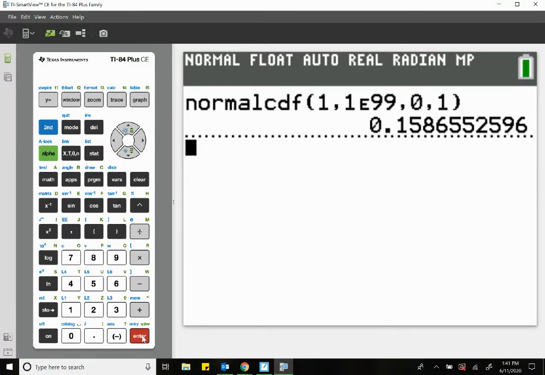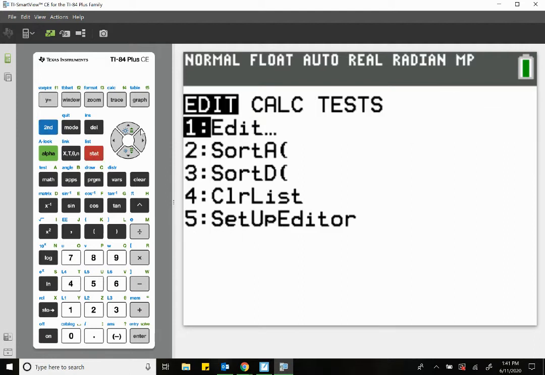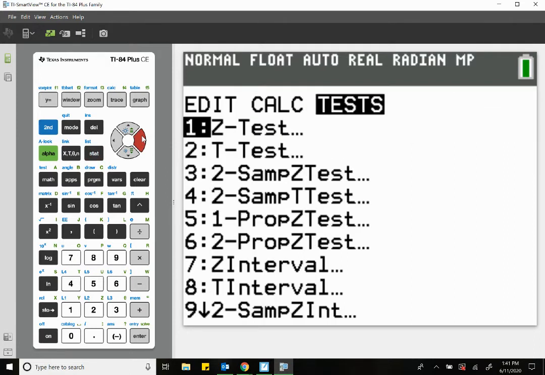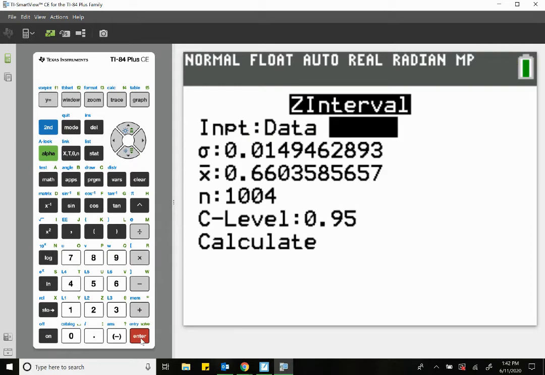And interesting, it was supposed to give us an interval. So let's go back. That was weird. Maybe I just accidentally skipped past it. So stat, test, interval. There's all our information.